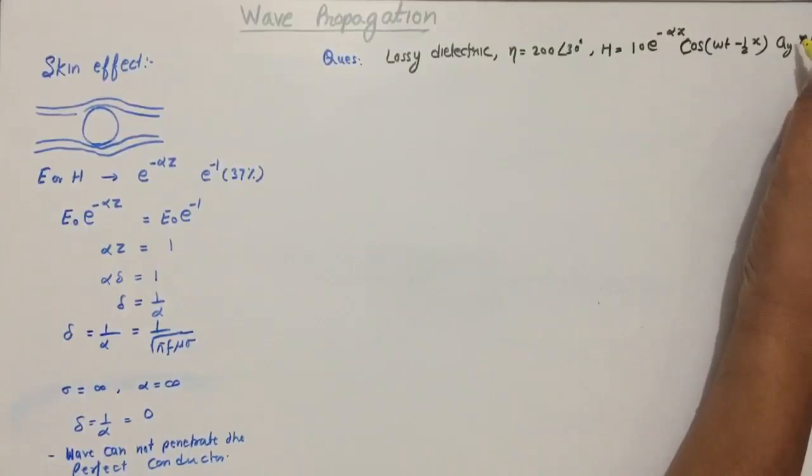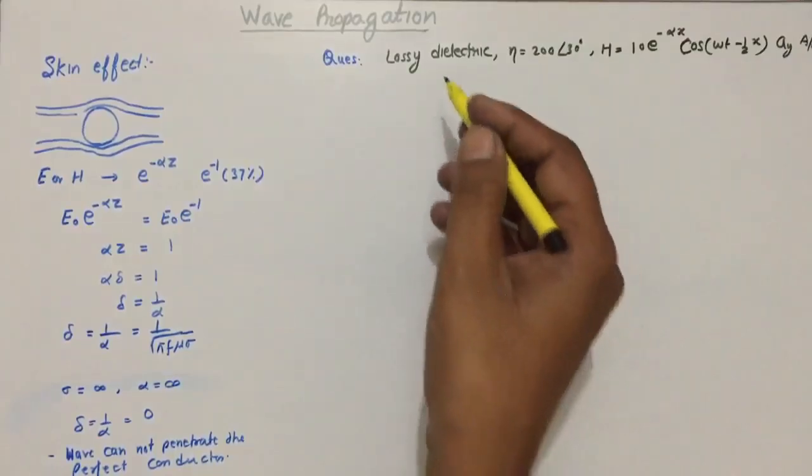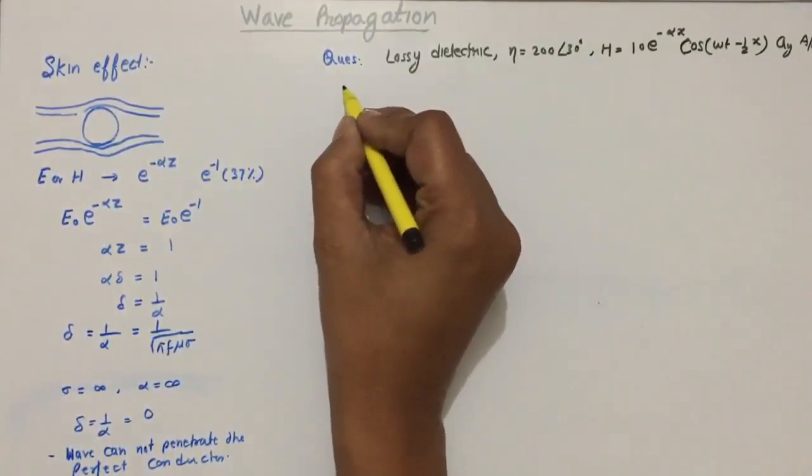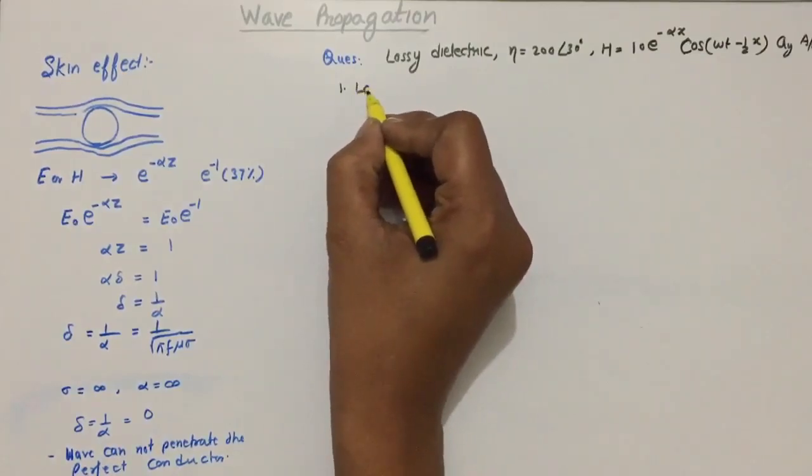The wave propagates in the x direction. So these are the parameters known to us for the wave that is propagating in the lossy dielectric. Now we have to find, first, the loss tangent.